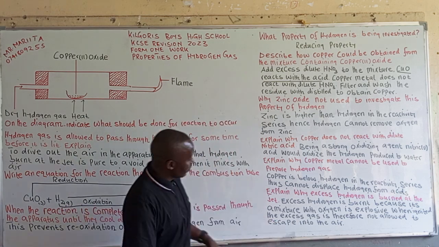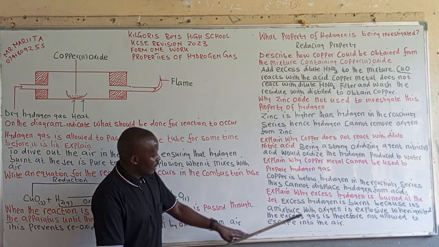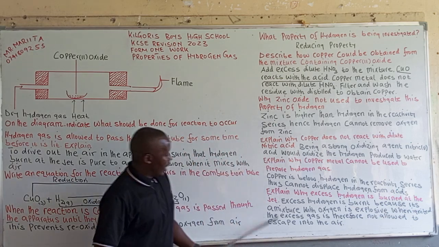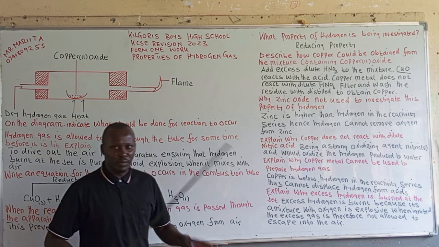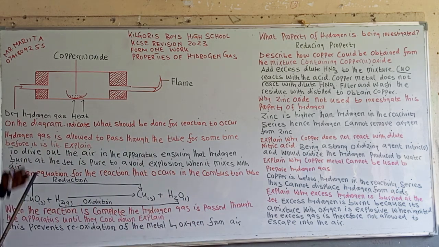You just simply say excess hydrogen is burned because its mixture with oxygen is explosive when ignited. The excess gas is therefore not allowed to escape into air. This is a very simple summary of the reducing property of hydrogen gas.